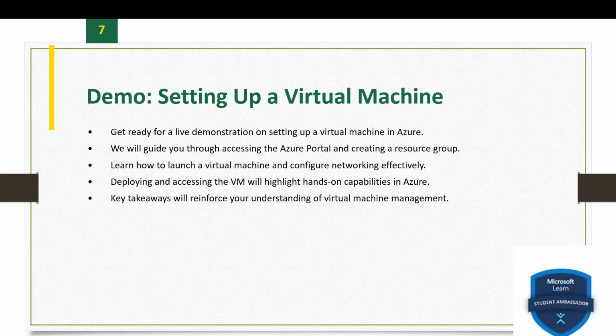And if required, you can add additional disks. And in step 4, configure networks like virtual network, subnets, public IP, and network security groups, etc. And in step 5, management, monitoring, and advanced options.